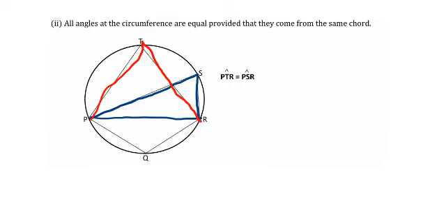These angles are coming from the same chord, therefore they are the same. So if we have 20 degrees there, also this is 20 degrees. That's what we mean. So that is this property as well.